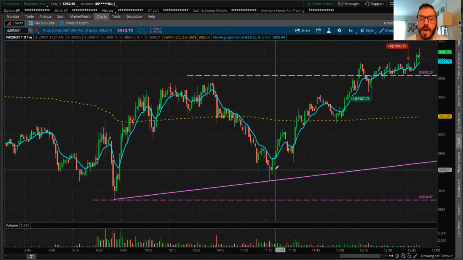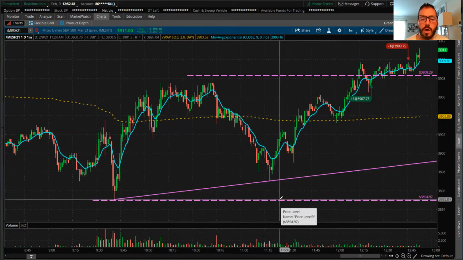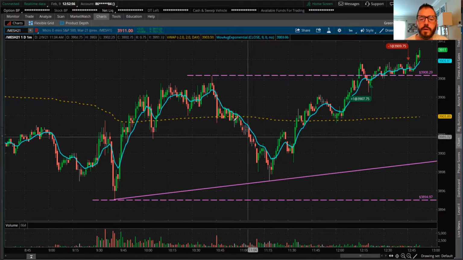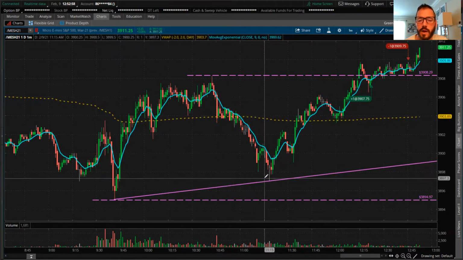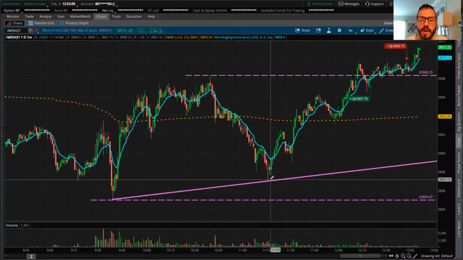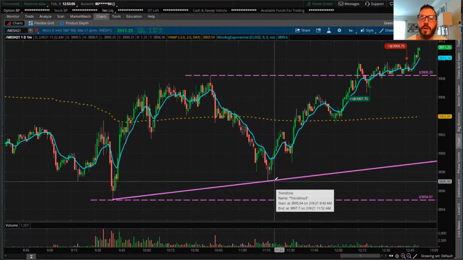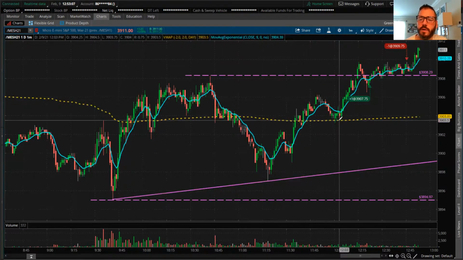Now, if this came down and broke our low, then you're looking at maybe the overall trend of the market would go down from here. This is a good sign, okay? It made a higher low. This is the first step in developing a trend, okay?